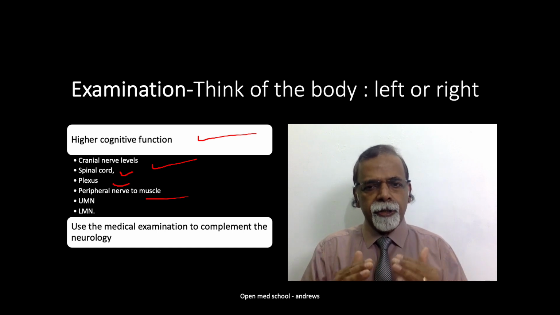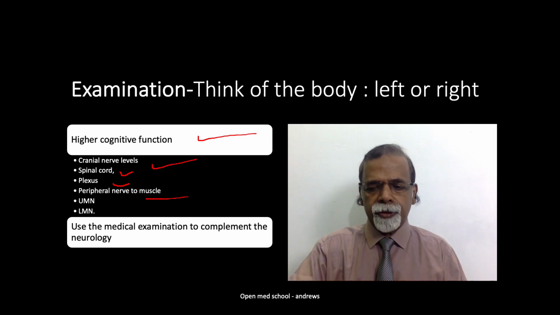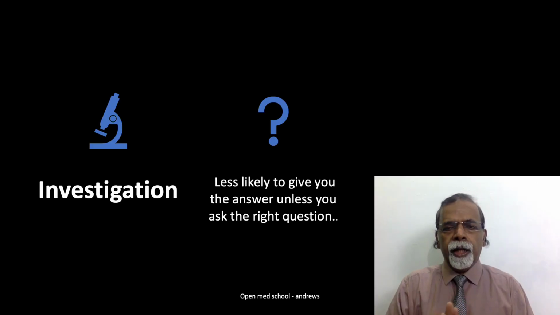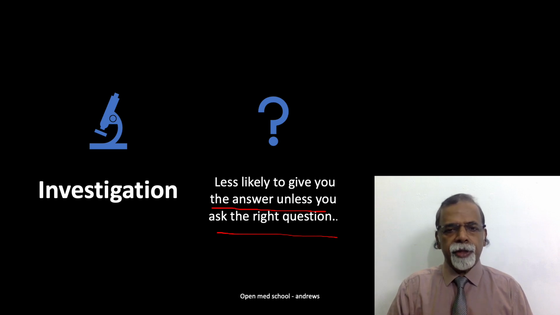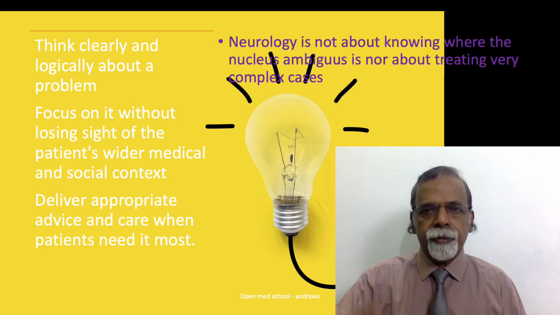So other system examination is also a must to come to a proper diagnosis. Investigation without localization or without a clinical diagnosis is less likely to give you the answer. You have to ask the right question, then only will you get a correct answer. That is about the investigation. We will discuss these two things in the subsequent lectures.